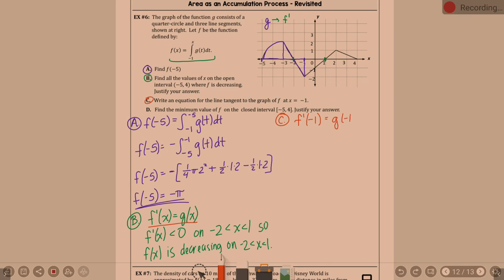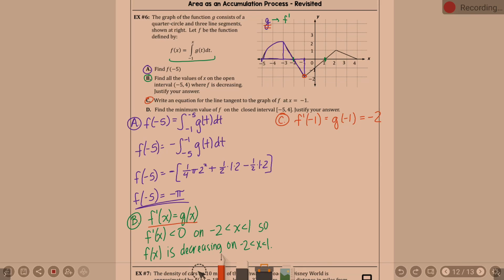So what we really need is g of -1. And what do we have up top? We have a g graph. So what is g of -1? -2. g of -1 is equal to -2.